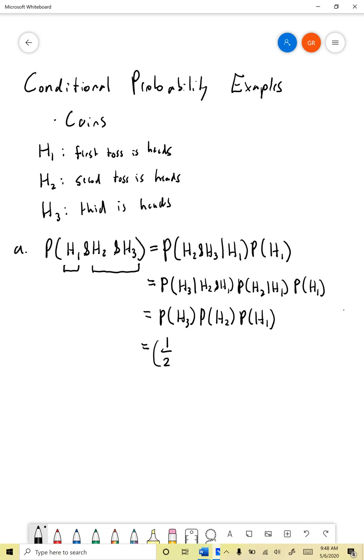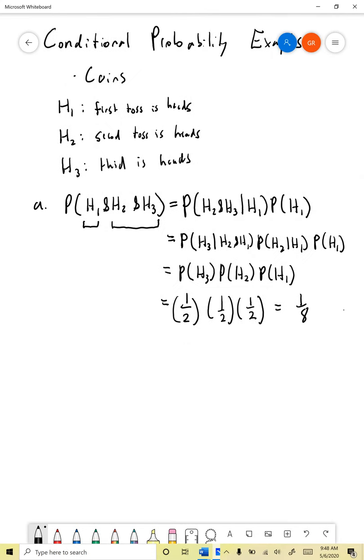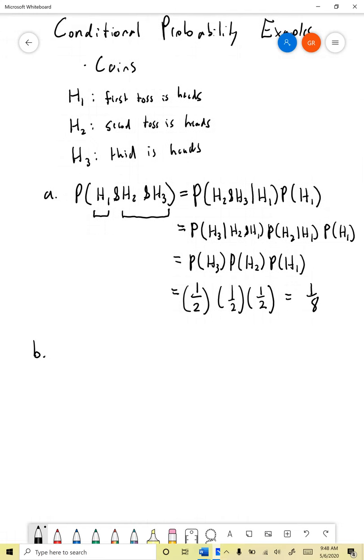So this then becomes 1/2 times 1/2 times 1/2, since we know the probability of it landing heads on any particular toss is 1/2, which equals 1/8. So that's our answer for the probability of all of them landing heads.